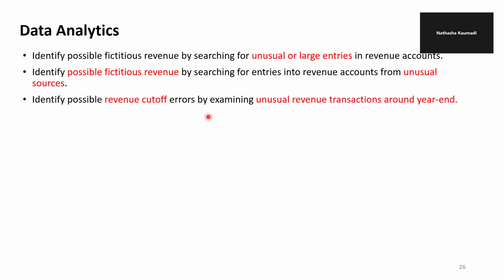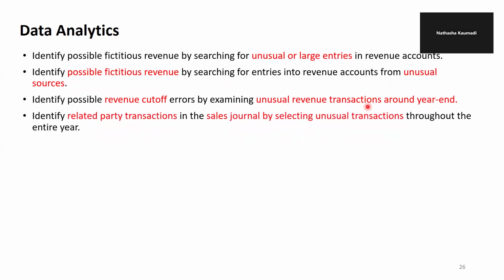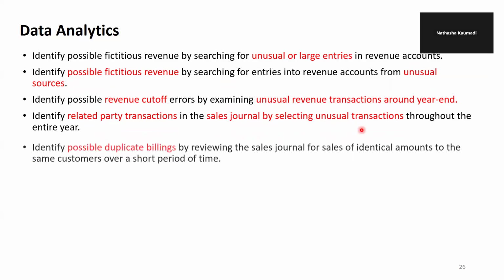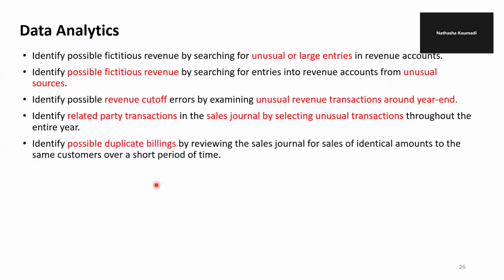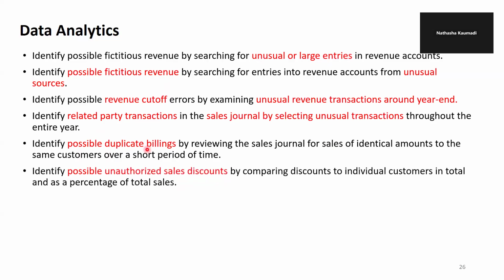Identify possible revenue cutoff errors by examining unusual revenue transactions around year end. Identify related party transactions in the sales journal by selecting unusual transactions. Identify possible duplicate billings. Unauthorized sales discounts, because not only basic Excel functions, but different complex data analytics software are there. So say if we educate that software, these are the discounts, these are the limits.